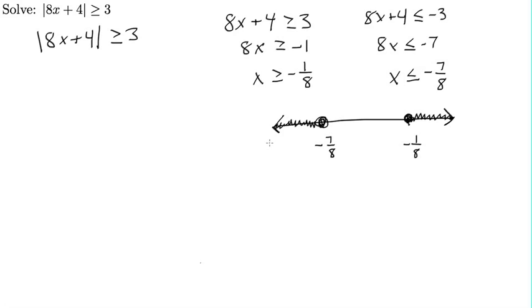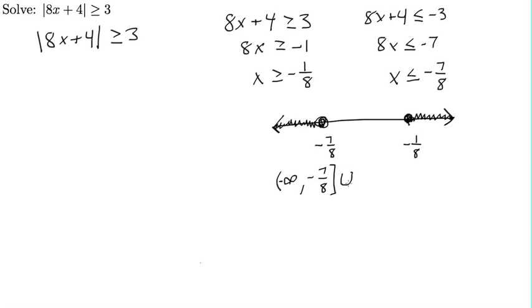This particular interval, there's no left bound, so we'll write open bracket negative infinity, and our right bound is negative 7/8. We are allowed to equal negative 7/8, so we'll use a closed bracket. We are going to take the union of these two regions. We will never have an intersection in our final answer.